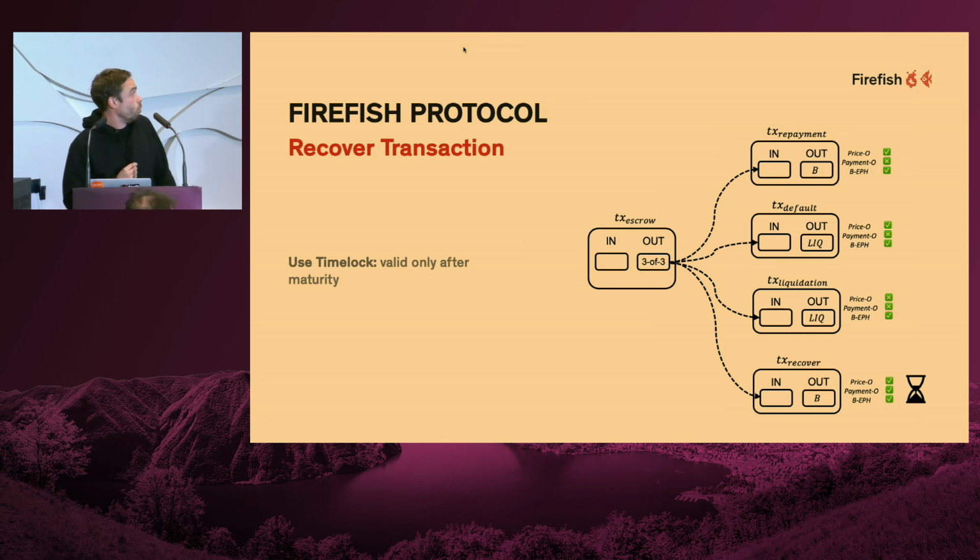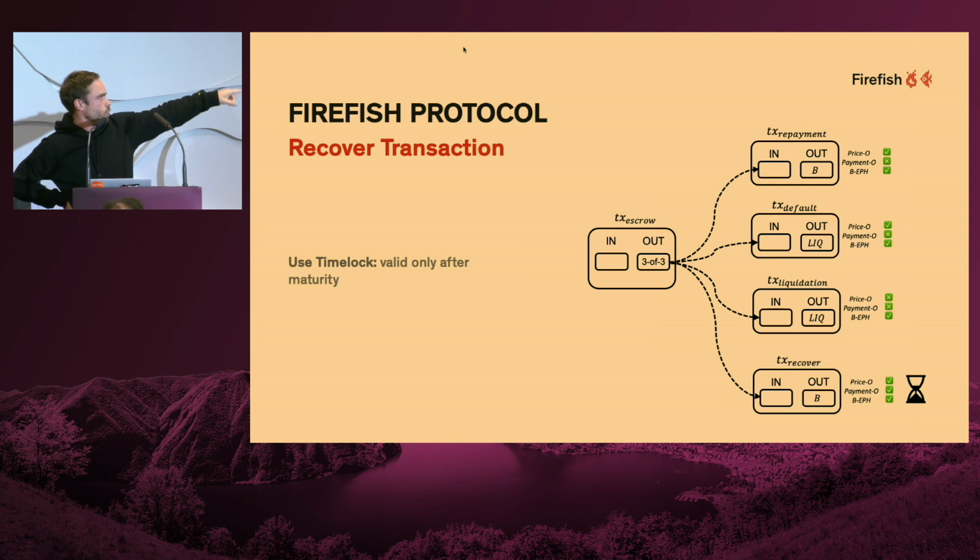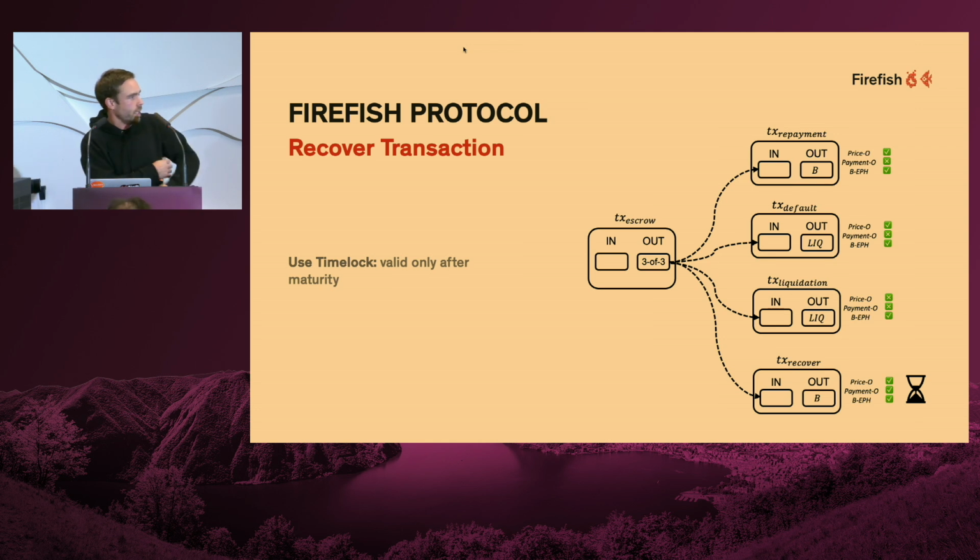But what are the limitations? You need to know the outputs you are referring to in a Bitcoin transaction to be able to construct it. So to be able to create the escrow transaction, the inputs would probably be multiple UTXOs of the borrower. We would either need to interact with Bitcoin wallets that allow for some kind of coin control, or we would need to know the XPub of that particular wallet. I think that's not very practical.